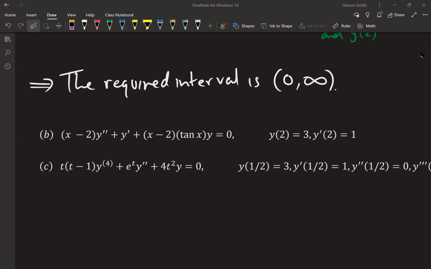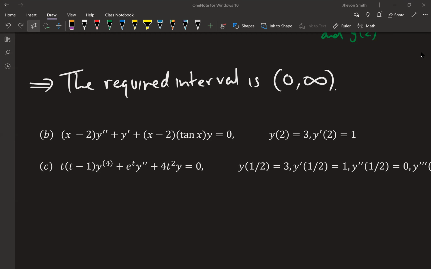Once we find an interval where the coefficients are continuous, we automatically have the fact that the solution is going to be unique there, that the solution will exist there, that it will be n times differentiable there, that the homogeneous version of the solution will have n linearly independent solutions there, that the general solution would look like C1y1 plus C2y2 plus dot dot dot Cnyn there, and that if there is a non-homogeneous case, the solution is going to look like C1y1 plus C2y2 dot dot dot plus Cnyn plus yp there, right?